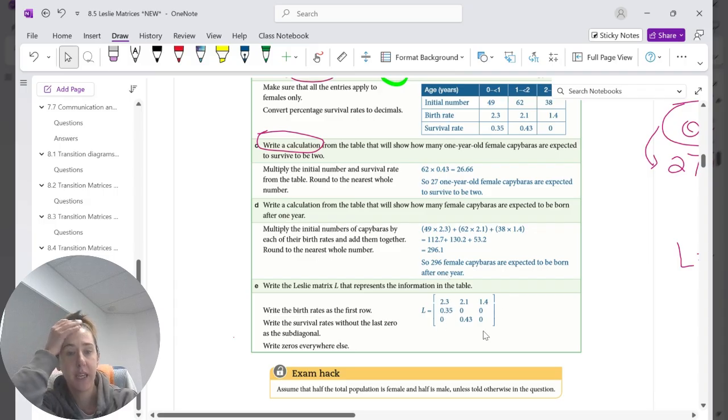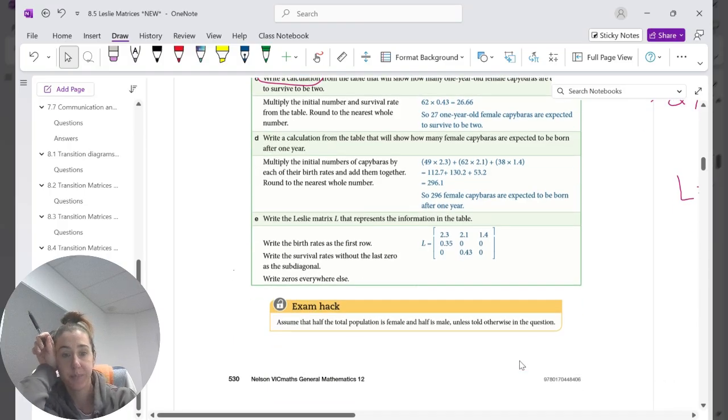So it has to be square, and our survival rates go along our sub-leading diagonal. All right, and zeros everywhere else. I think what gets really confusing is that you've got to have your birth rates running along that top row, and then the survival rates go in the sub diagonal and zeros everywhere else.